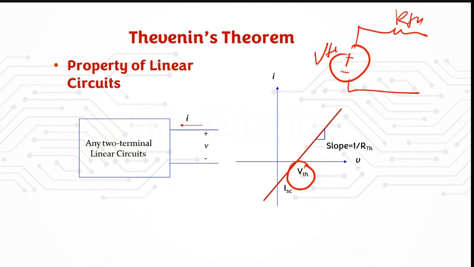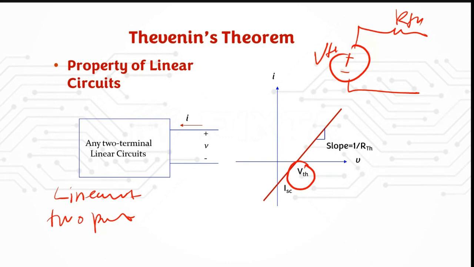So we have two things about this two-terminal linear circuit: the linearity itself, and the two ports. The linearity here means that this Thevenin theorem applies only to a linear circuit.